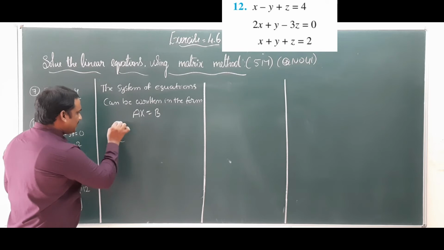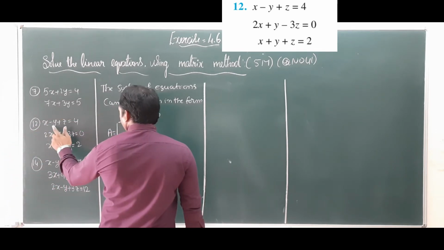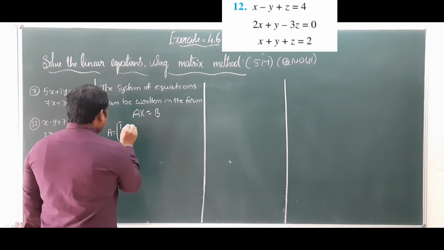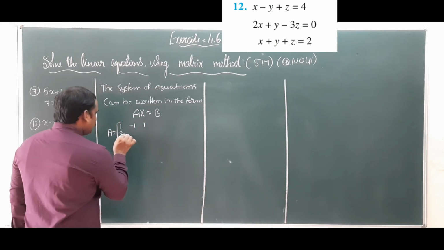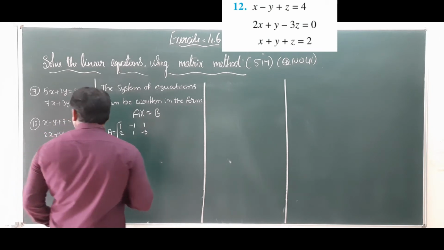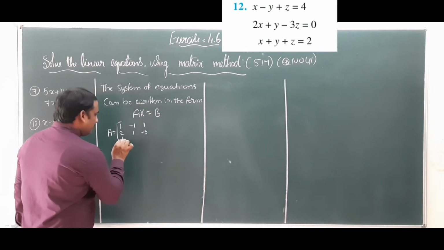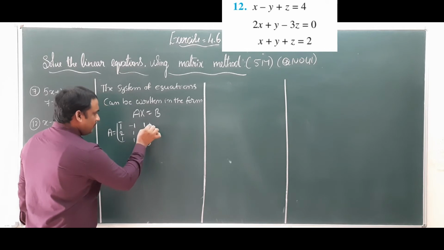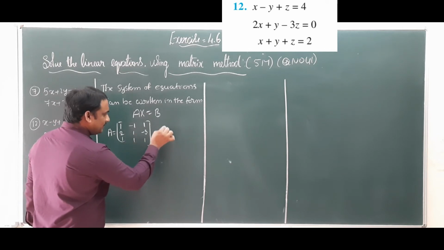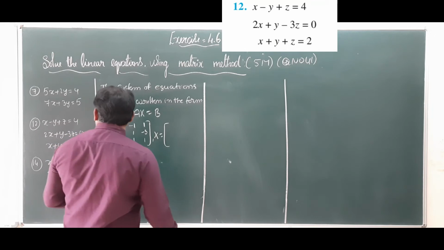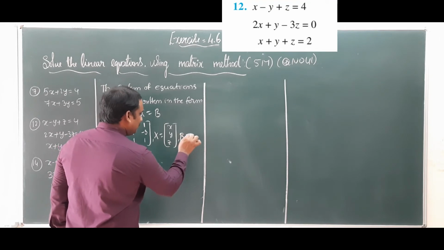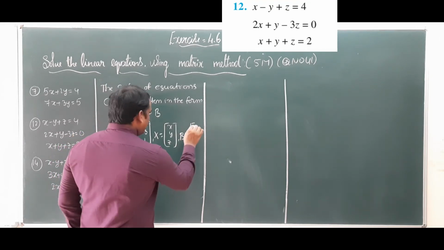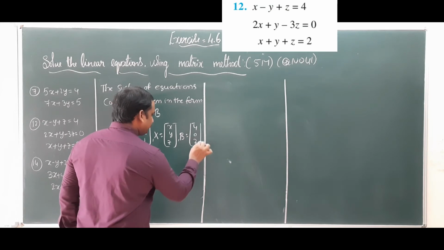Capital A matrix: 1 minus 1 1, 2 1 minus 3, 1 1 1. Next capital X equal to X Y Z. Next B equal to 4 0 2.